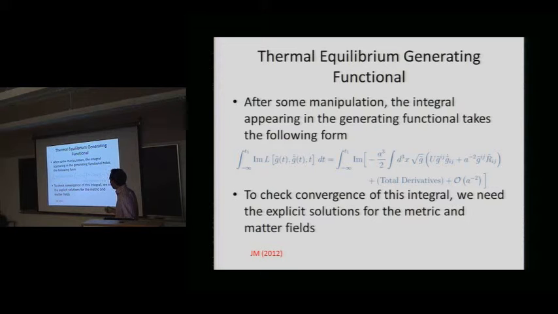But the basic idea is, in the particular form of the solution, which is attracted in local thermal equilibrium, this integral ends up taking this form after some integration by parts and other manipulation. So what we need to do is check that this integral converges to a T1 independent constant at large A of T. To do that, we need to check the explicit formula solutions for U, the momentum potential, and Gij, the metric.